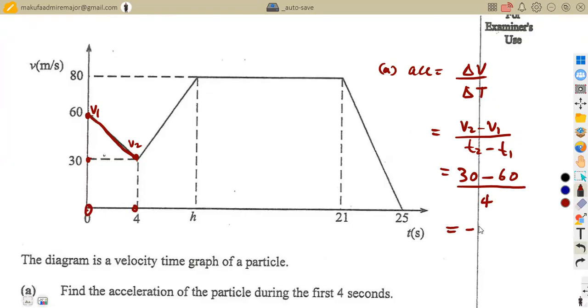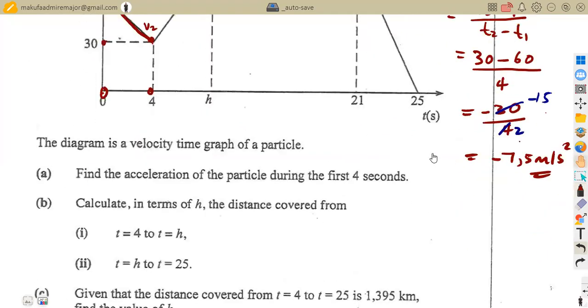So 30 minus 60 is minus 30 over 4. You can reduce by 2, that's -15 over 2, so at the end we obtain -7.5, which is measured in meters per square second. We are dealing with acceleration, meters per square second in this case.